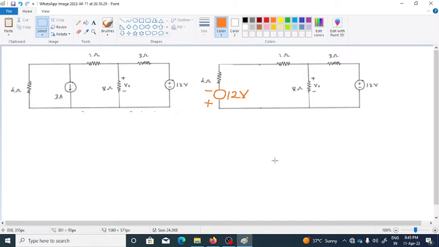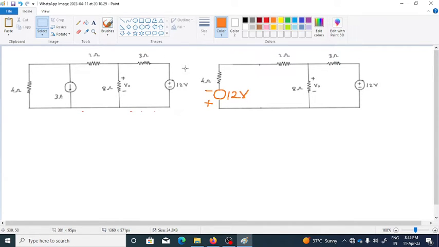So now further, we can replace this 4 ohm and 2 ohm resistors and keep a single resistor here which will be the series combination of 4 ohm and 2 ohm.